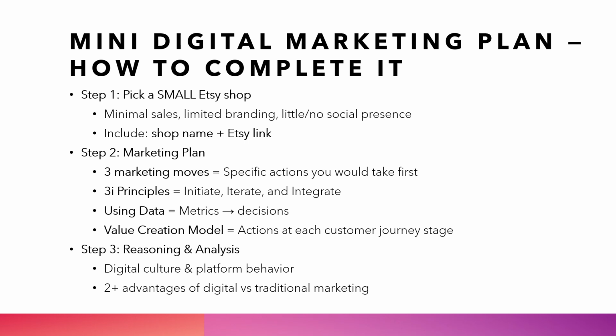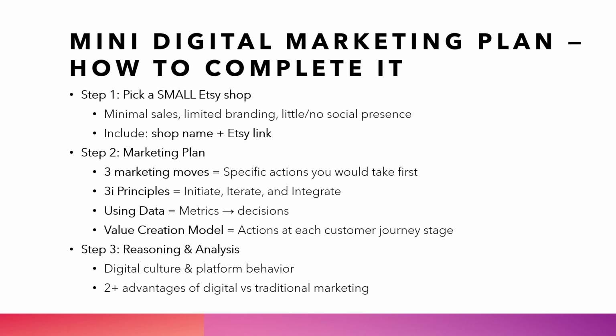Now, the third one is integrate, and that means making everything work together. So what you should be doing is describing how the different marketing efforts connect, and showing how one action supports another. So basically, you're going to ask yourself, how do customers move from one place to another? How does one channel help the next step?